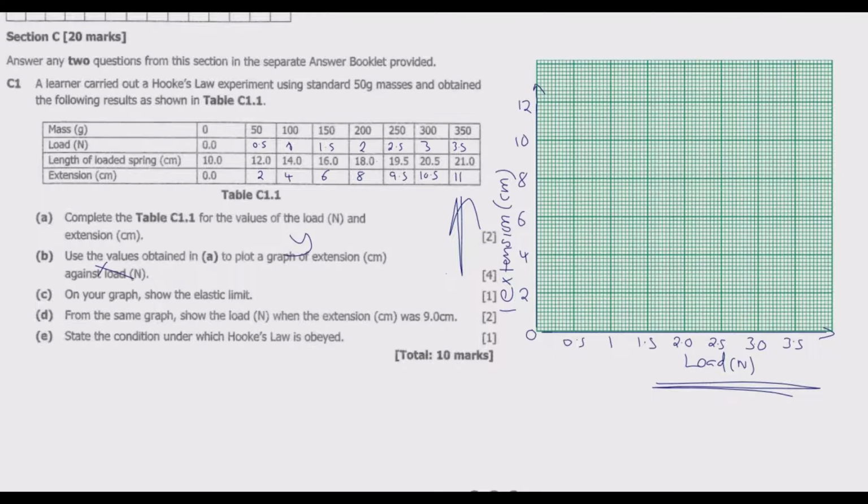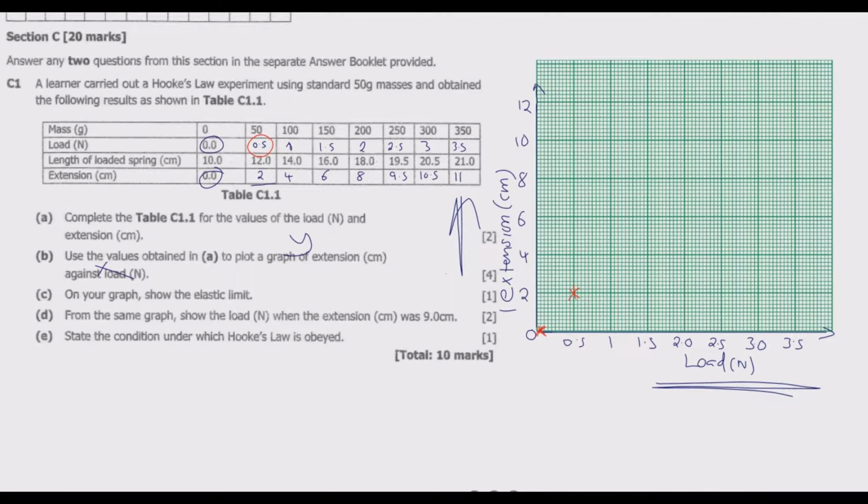What we have basically is 0.5, 2, and starting from 0, 0. Remember, when it's not starting from 0, don't start from 0, but in this case it's starting from 0, 0. So this is the first point. The next one is 0.5, 2.